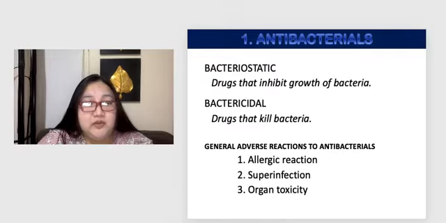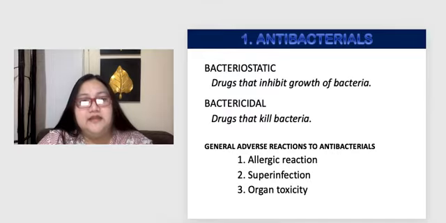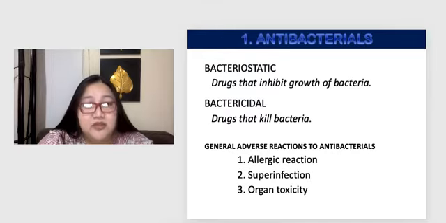Meron tayong tinatawag na good bacteria sa ating katawan. Si antibiotic, even the good bacteria, napapatay niya. Okay, so yun yung normal bacterial flora na na-alter because of the antibiotic. Usually, ano ba yung mga secondary infections?